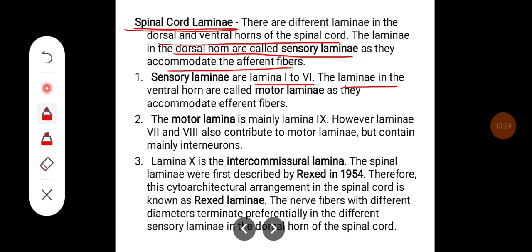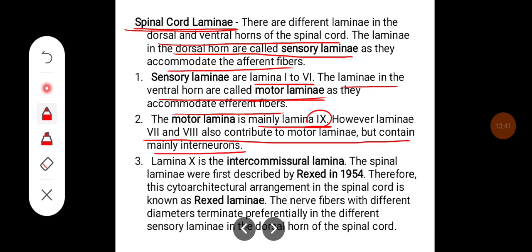The laminae in the ventral horn are called motor laminae, as they accommodate the efferent pathways. The motor lamina is mainly lamina 9. However, lamina 7 and 8 also contribute to the motor laminae, but contain mainly the interneurons. Lamina 10 is the intercommissural lamina.